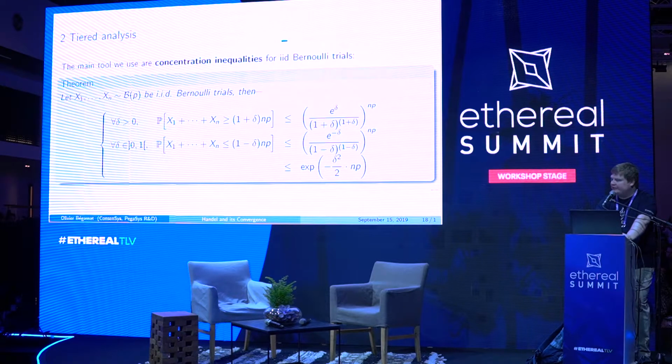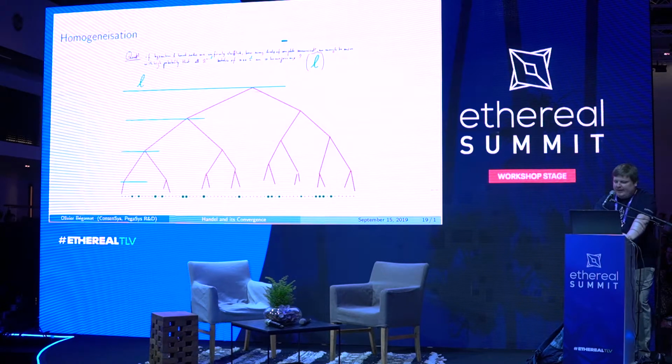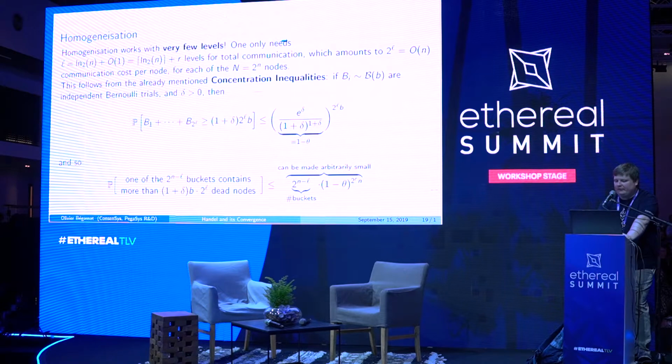The relatively large is the delta in this setting. And using these kinds of inequalities, you can establish that in order to have really homogeneous batches, so batches where you expect to have roughly the correct proportion of Byzantine nodes, you only need to talk at a very small number of levels. You basically need to talk at log of the number of levels. And this is strong enough that you have very good probabilistic insurance or reason to believe that all of the batches you create are actually homogeneous.